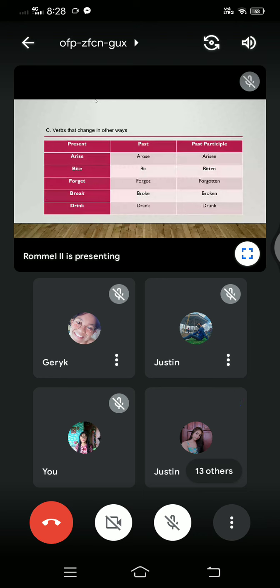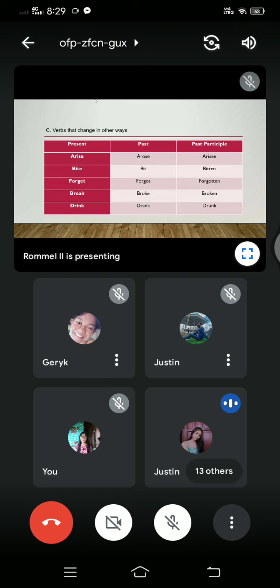Next slide. Verbs that change in other ways. These are verbs that differ, because to identify them, it depends on when the action happens or whether it happened. For example, arise, arose, and the last part is arisen.